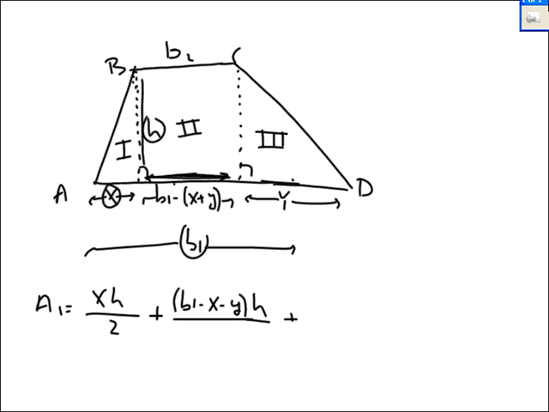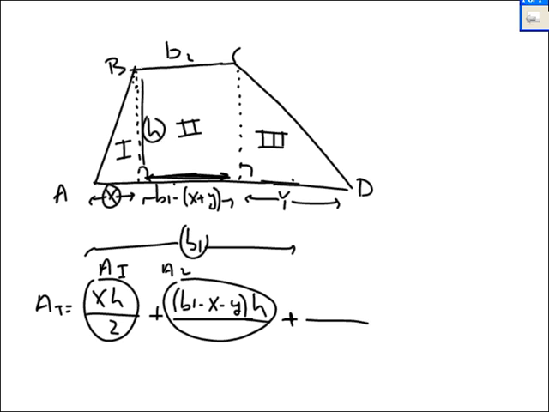Plus the area, so area total. This is area 1, this is area number 2, and we're going to now add on area 3, which is another triangle. It's the base times the height, Y times H over 2.